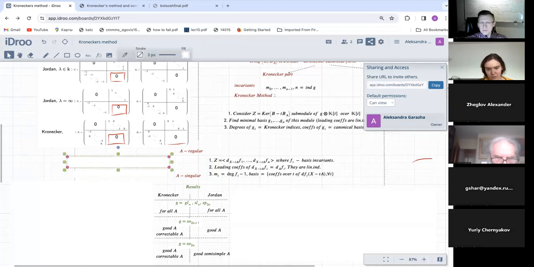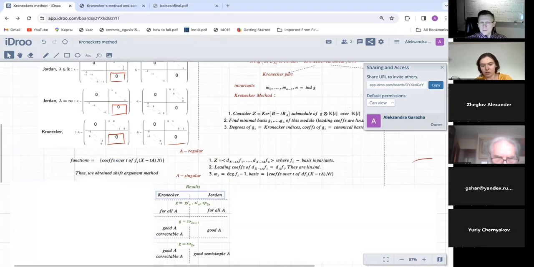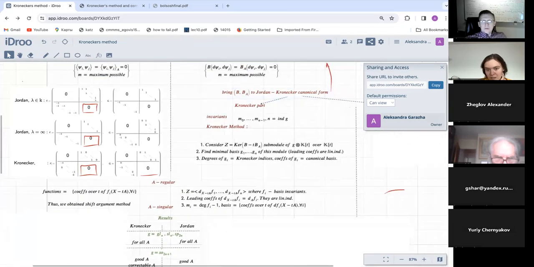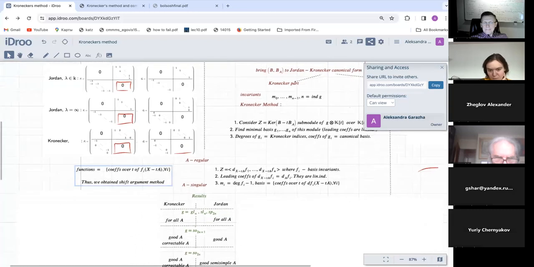So it means that we obtain just coefficients of initial functions, and it means that we obtained the shift argument method. So applying this Kronecker method to a pair of forms B and BA, we obtained the shift argument method in case of regular element A. Do you have some questions here and now?